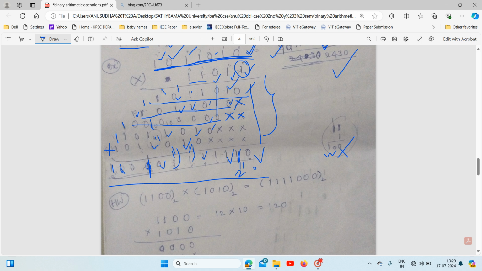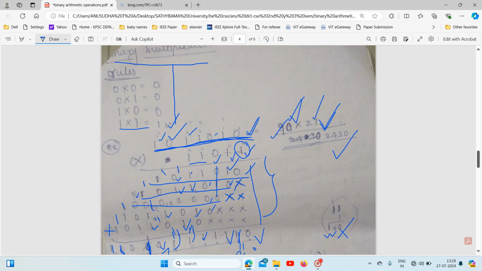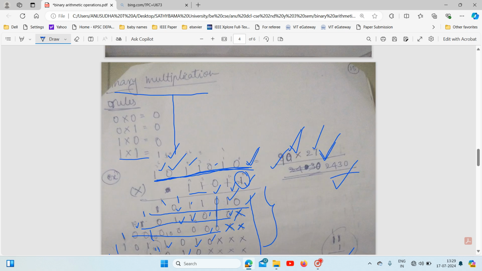Here 2 to the power of 1, 2 to the power of 2, 3, 4, 5, 6. No need to multiply 2 to the power of 7, and 8, 9, 10 are not required, then 2 to the power of 11. If you add all the positional weight values of the ones, you will get the result 2430.